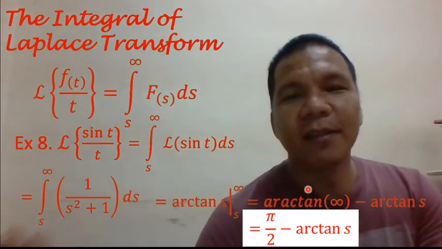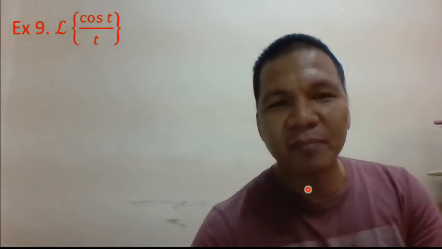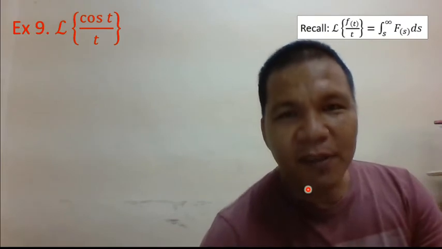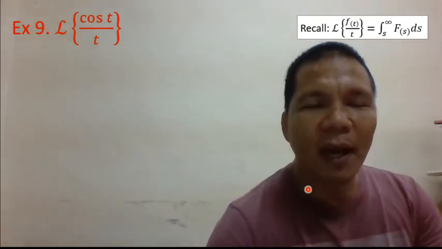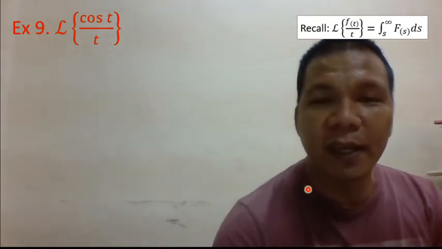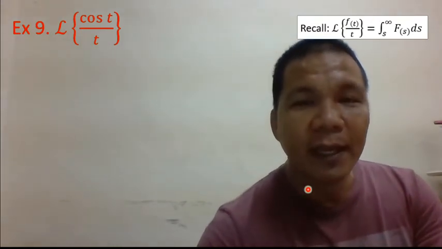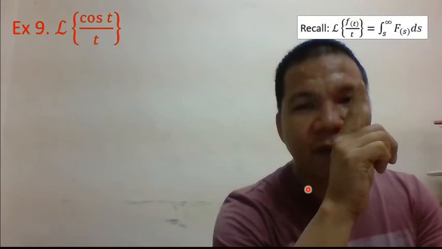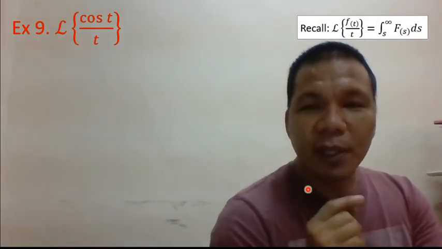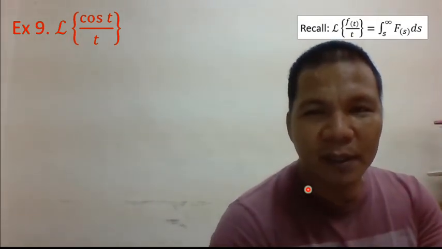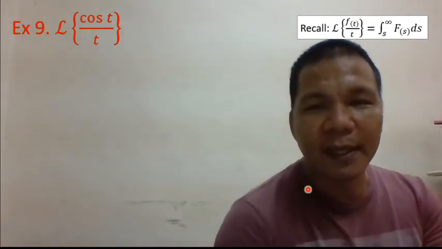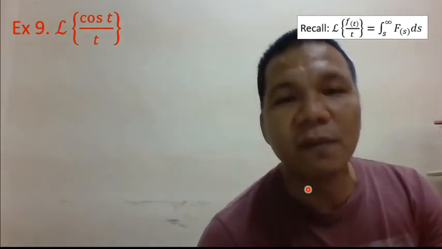All right, now we proceed with our next example. What is the Laplace transform of cosine t all over t? Now, if you can still recall the equation for the Laplace transform of the function of t divided by t, that is just the integral of f(s) ds with limits from s to infinity.